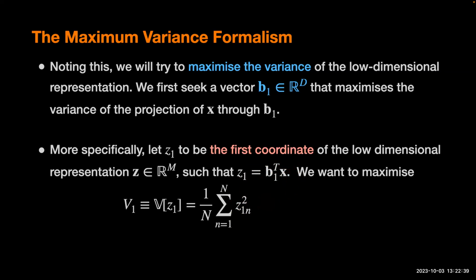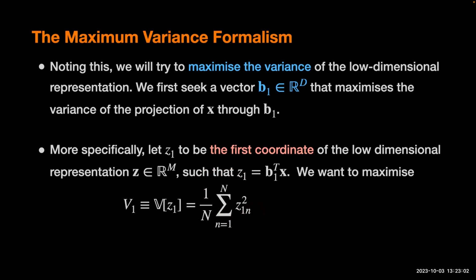So if I project all my data x onto some unknown b_1, the coefficient will be z_1, and the variance of all the data along b_1 will be the sum of z_1n squared, looking at the variance of the distribution in 1D. Is this clear?